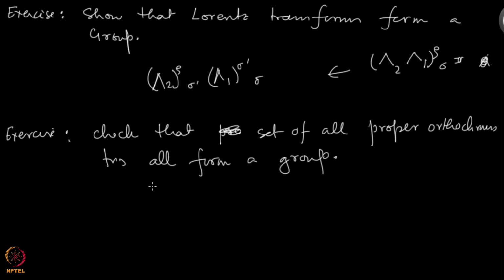So, once you have done that, you would have shown that this group is a subset of this bigger group. Okay. So, you would have shown that, I call it L plus for proper orthochronous transformations, that this group is a subgroup. This is the definition of a subgroup of Lorentz transformations.